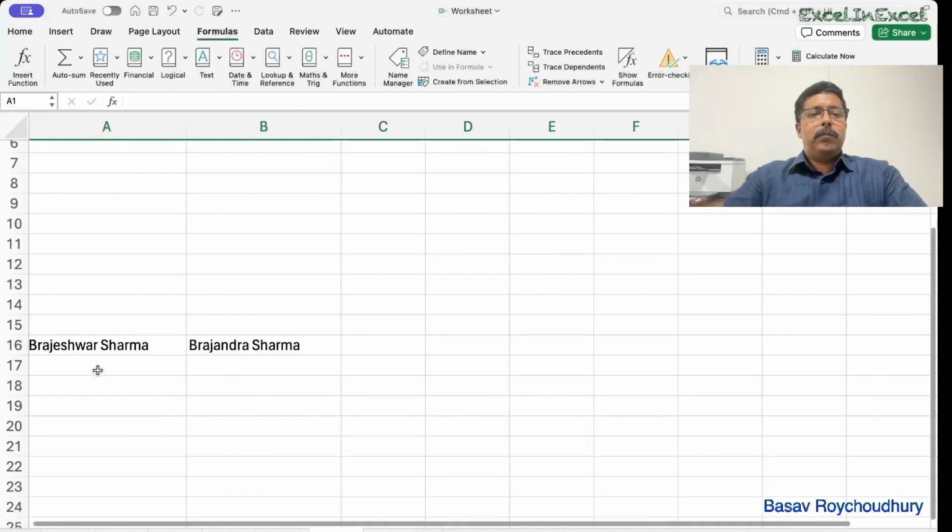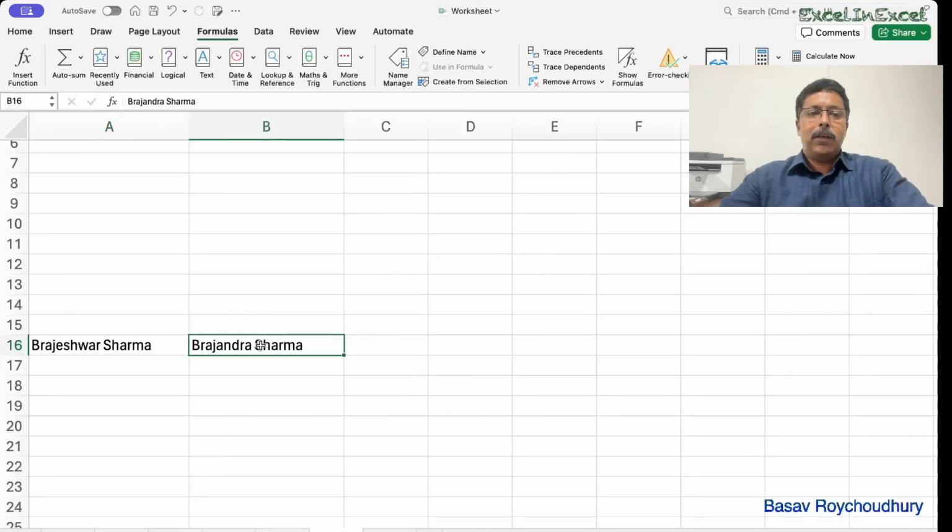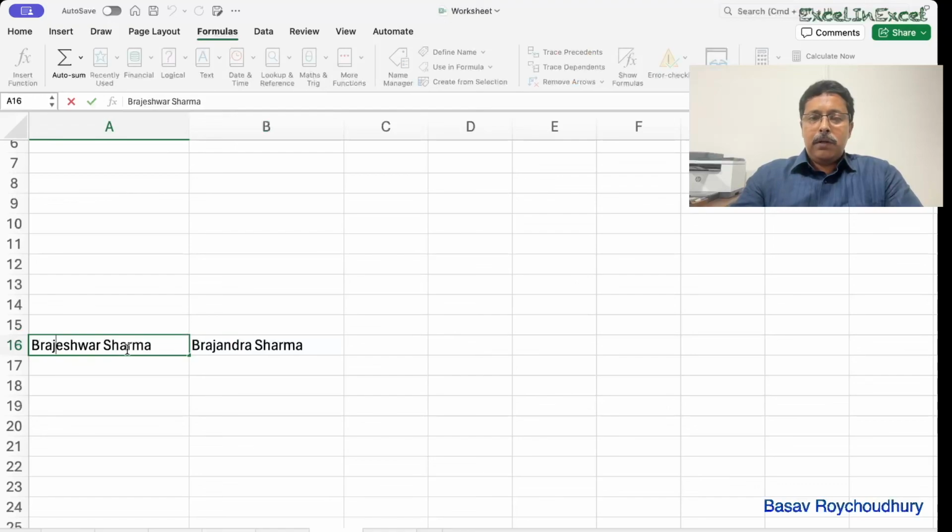Let's assume that we have somebody whose name is Brajeshwar Sharma, and he changes his name to Brajendra Sharma. So what I want to do in this text is change this part from Eshwar to Andhra. Now to do that, I can use either replace or substitute.